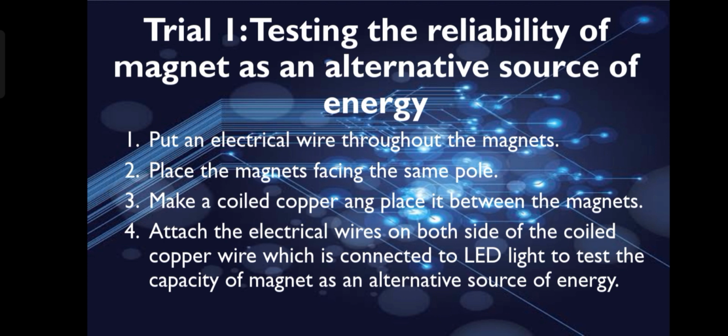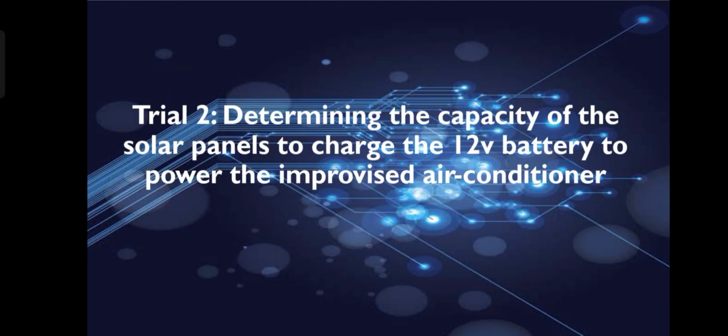We attach the electrical wires on both sides of the coiled copper wire, which is connected to LED lights to test the capacity of magnet as an alternative source of energy.